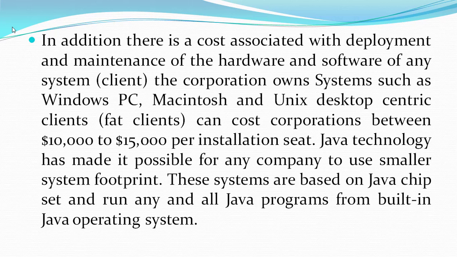Fat clients can cost corporations between $10,000 to $15,000 per installation seat. Java technology has made it possible for any company to use a smaller system footprint. These systems are based on a Java chipset and run any and all Java programs from a built-in Java operating system.